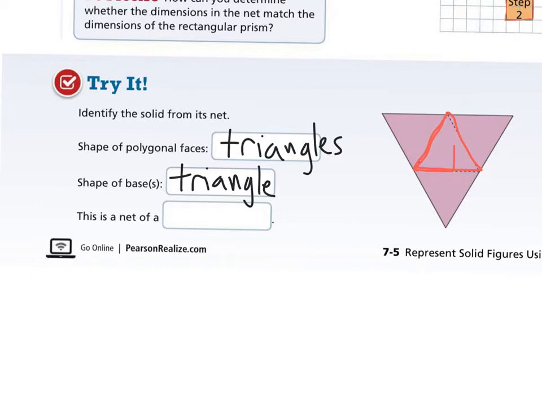And then this is a net. Since those fold up, they would actually meet at a point. We wouldn't have parallel top and bottom, so this would be a pyramid. So our base is a triangle, so this would be a triangular pyramid.